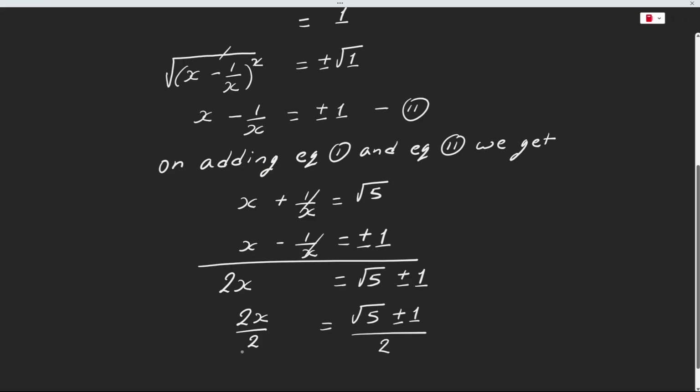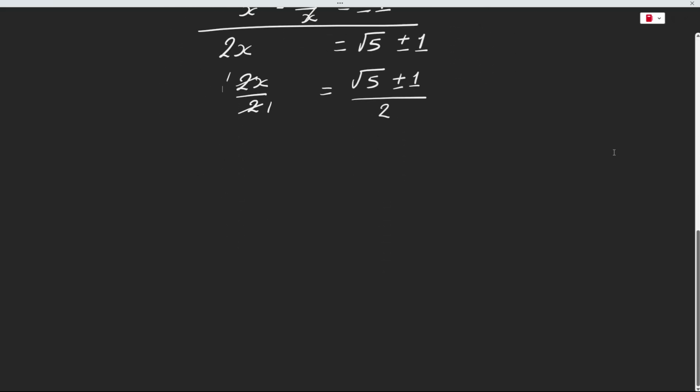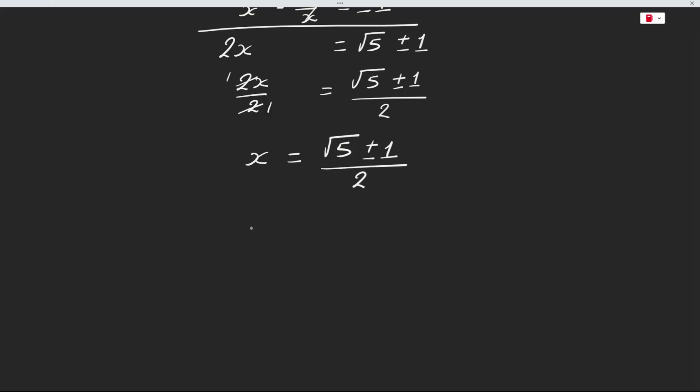Here and here 2 will be reduced by 2 one time, here also one time. This equals x equals square root of 5 plus minus 1 by 2.